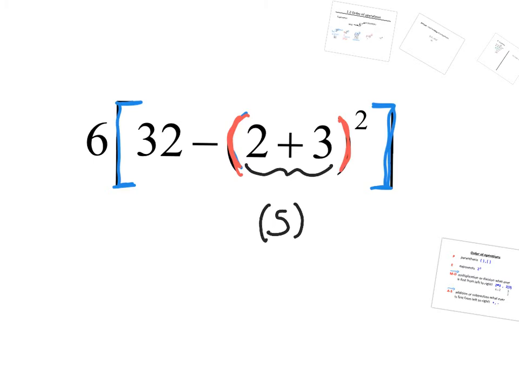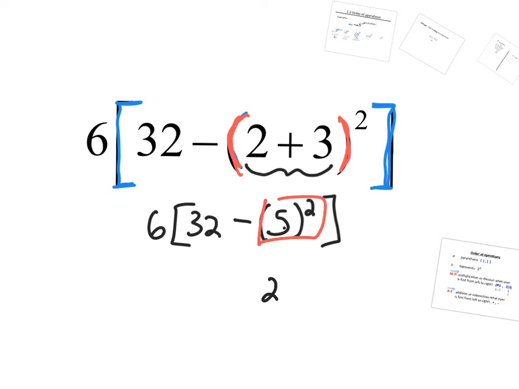Keep the parentheses, you bring down the square, here's the brackets, minus, there's the 32, there's the bracket, and the 6 outside. Inside of the brackets, you have to finish PEMDAS. So parentheses, done, check. Now we go to exponents. So we do the 5 squared right here, and that will be 25. 5 times 5 is 25.